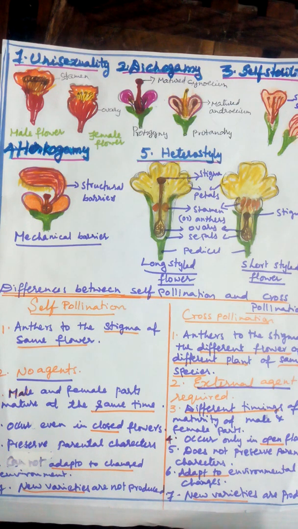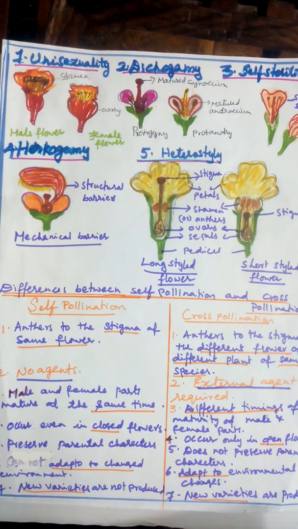Anthers and stigma maturing at different times is called dichogamy. Self-pollination can occur even when the flower is closed. Cross-pollination can occur only when the flower is open. Self-pollination preserves parental characters and cross-pollination does not preserve parental characters.